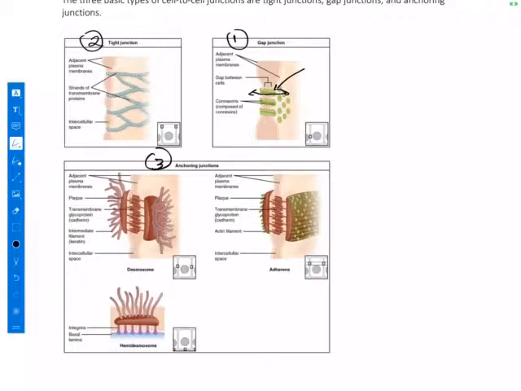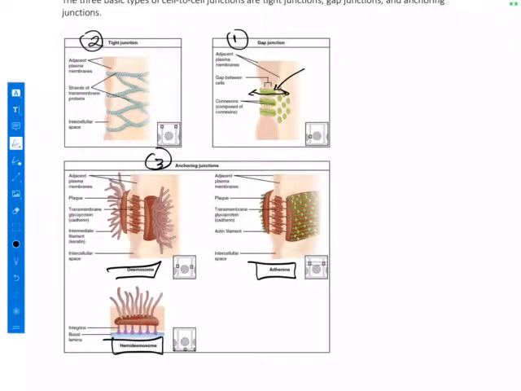And there are three basic types of anchoring junctions. There's the desmosome, the adherent junction, and the hemidesmosome. But they all accomplish the same thing. They all prevent cells from being basically torn apart.